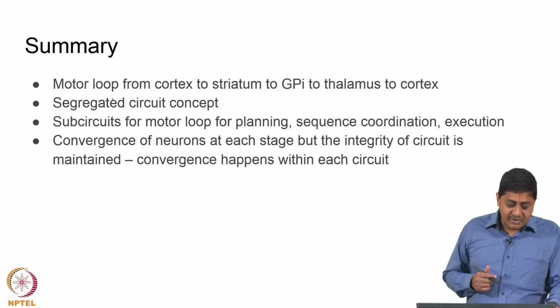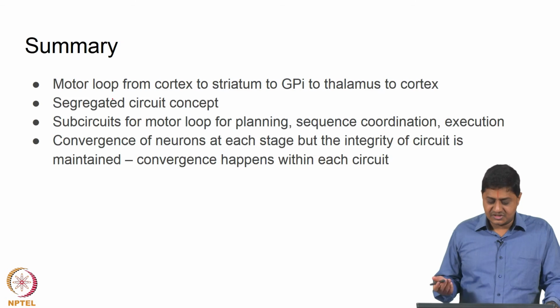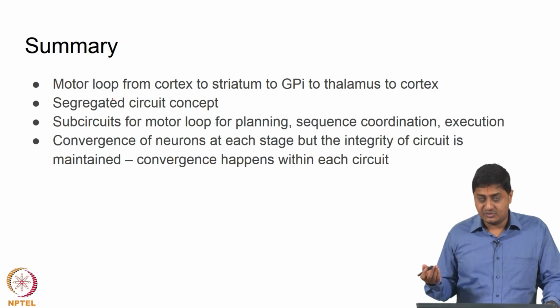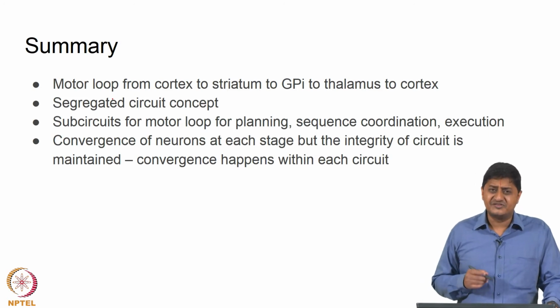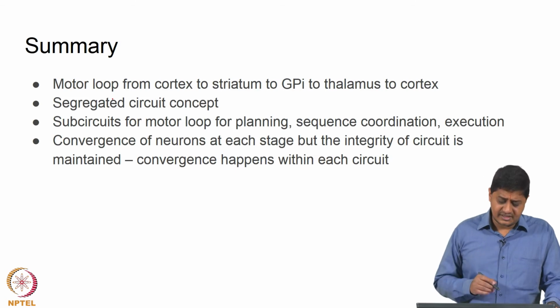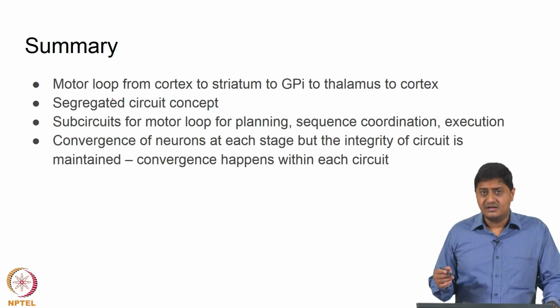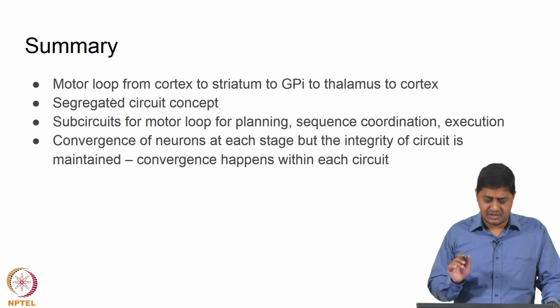So, in summary, the motor loop is the loop that originates in the cortex and projects to the striatum, and from there it projects to the pallidum, and from there it projects to the thalamus and back to the cortex.